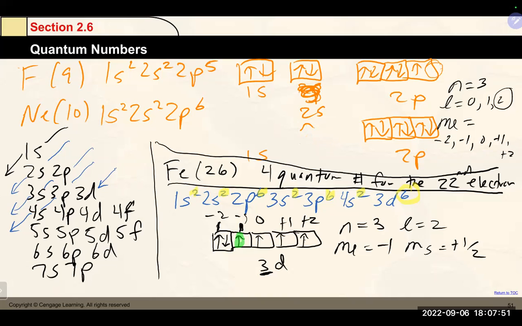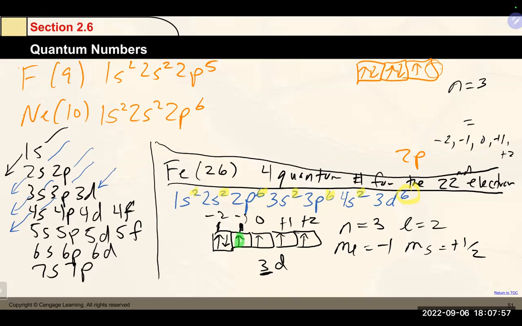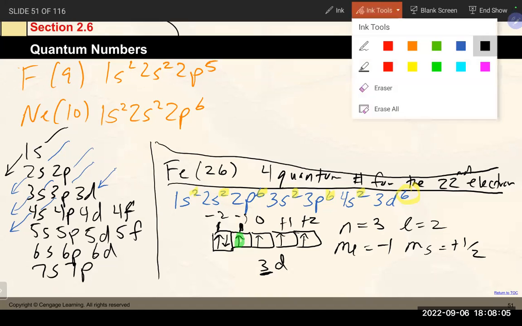Another important aspect of electron configuration is that sometimes we use a shorthand when we're writing it. So we'll use iron's electron configuration.